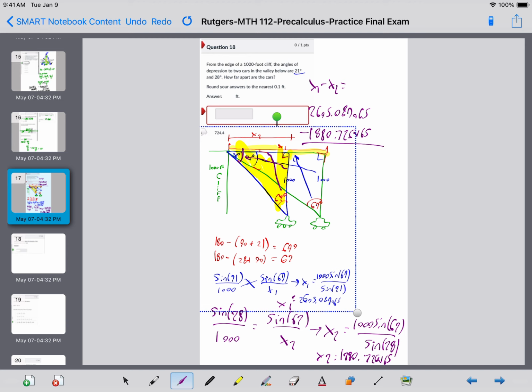Subtract those two numbers, and you end up getting 724.3626. Round your answer to the nearest tenth place, 724.4 would be your answer. Feet. Okay? 724.4 feet.